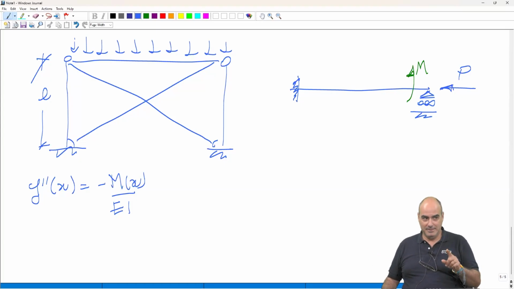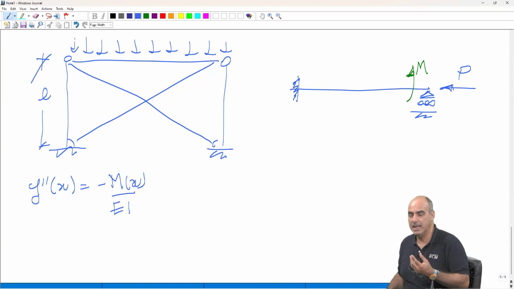But there is the second part of the question. Since it's true, can we apply it or not? We cannot apply it, because we do not have the tools to apply it.